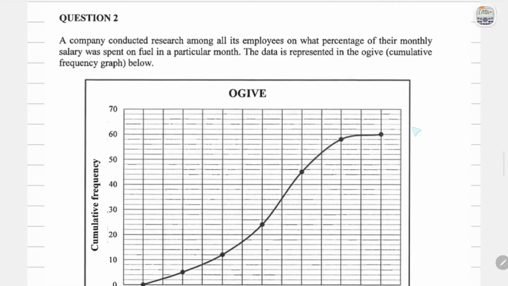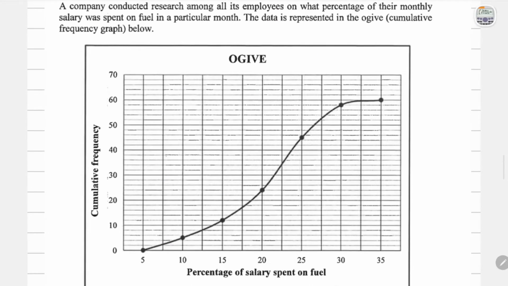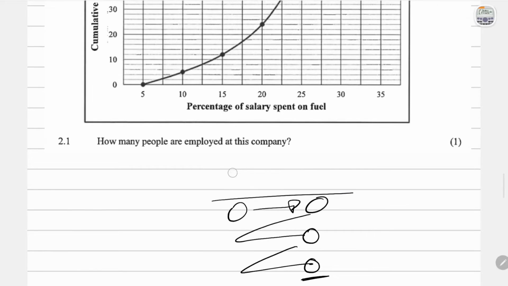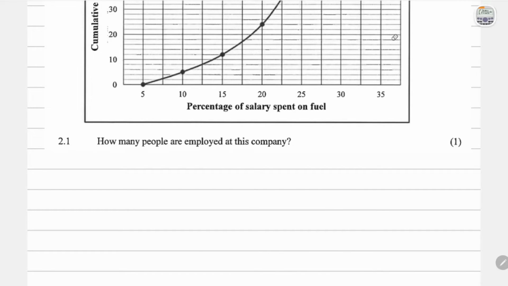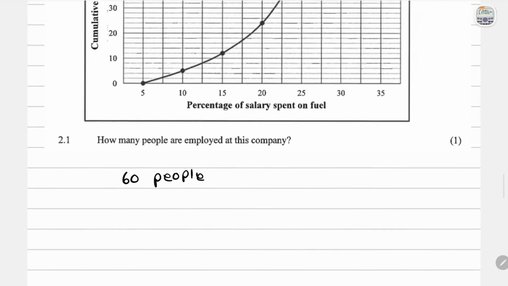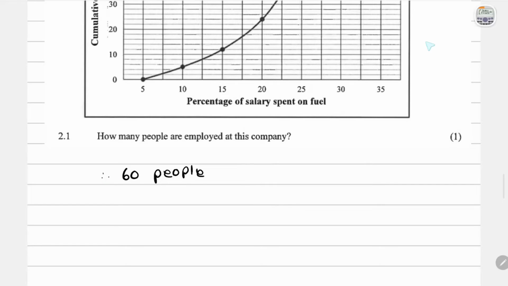Because this is the cumulative frequency, it would be at the highest point of this frequency, which is the last point that we have. It's this, and that frequency is 60. So that's the total number of people. There are 60 employees at this company. Okay, so that is it for the first question. Moving on to the next question.